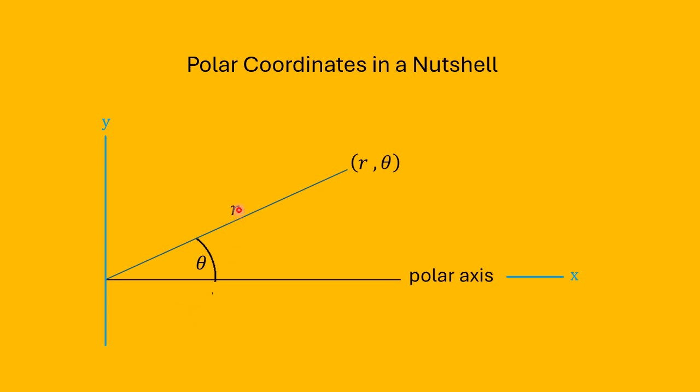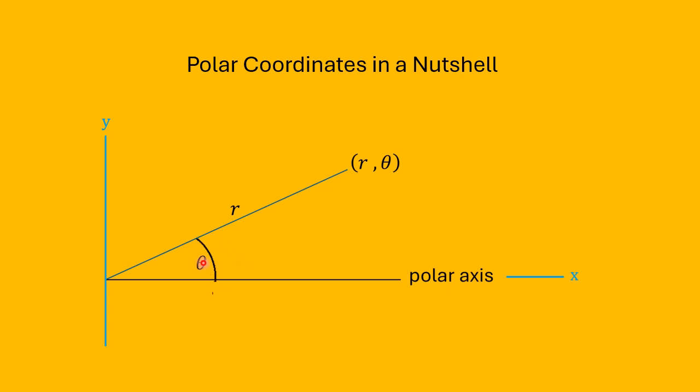So r can be positive, negative, or 0, and theta can also be positive or negative or 0. So to set up polar coordinates, all you need is a unit of length, a polar axis, and some way to measure or construct angles.